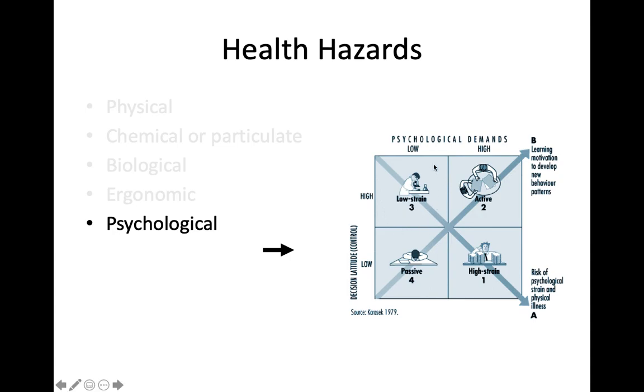Down here would be low strain, so low psychological demands and high decision latitude, and then passive down here.